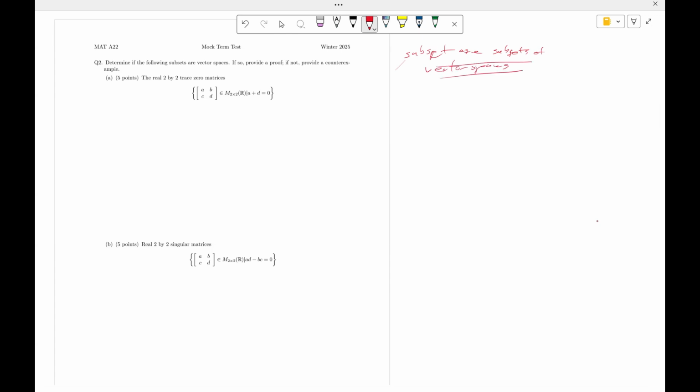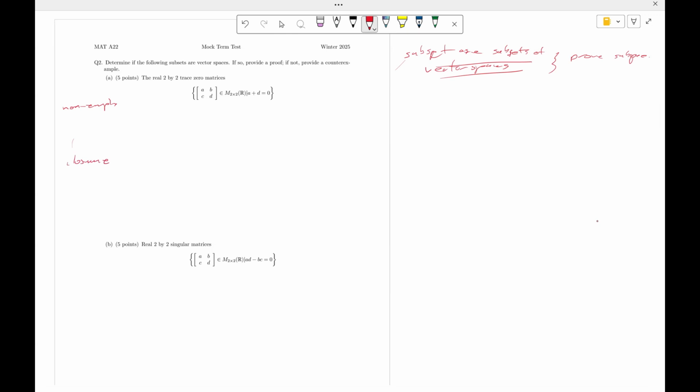Because of this, all we have to do is prove subspace. If we can prove it's a subspace, we've proved it's a vector space, because by definition, subspaces are themselves vector spaces. To prove it's a subspace, we need to prove non-empty and closure.